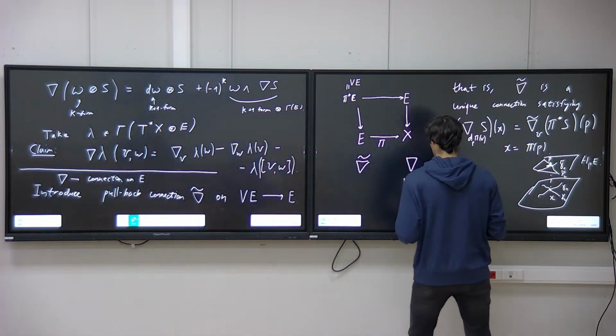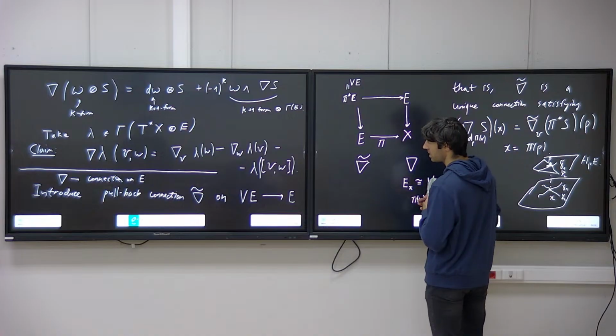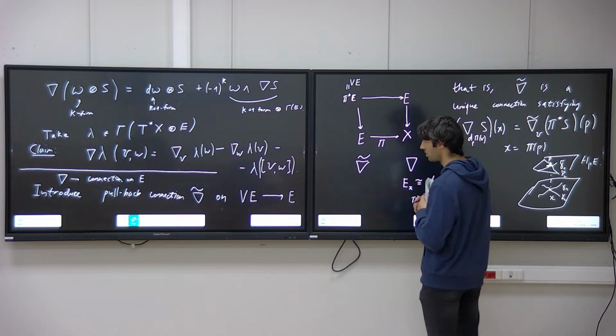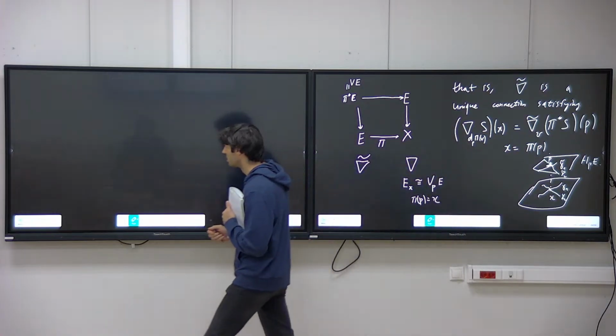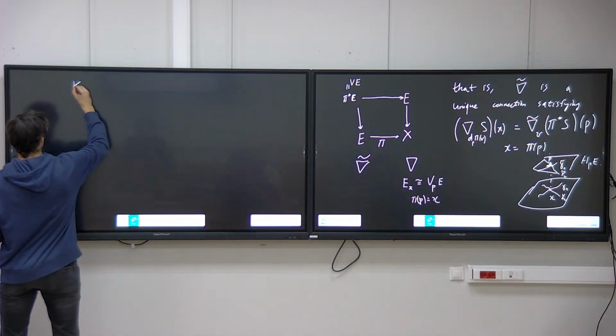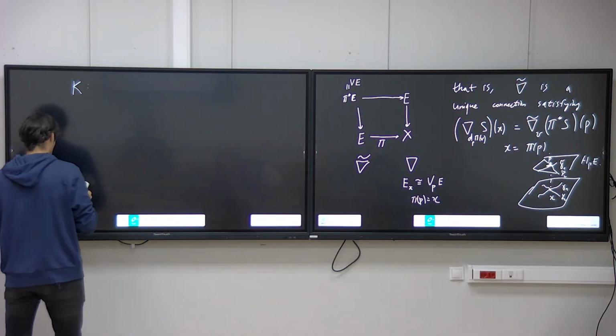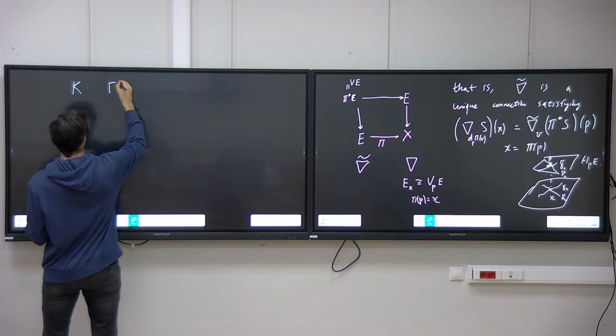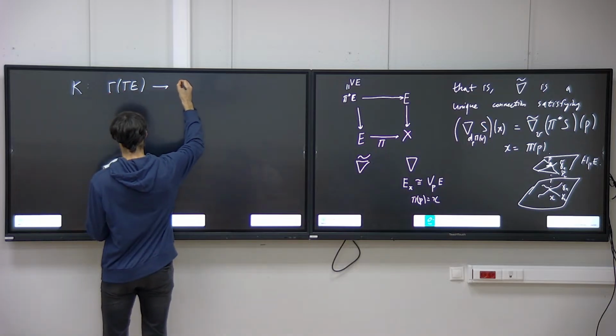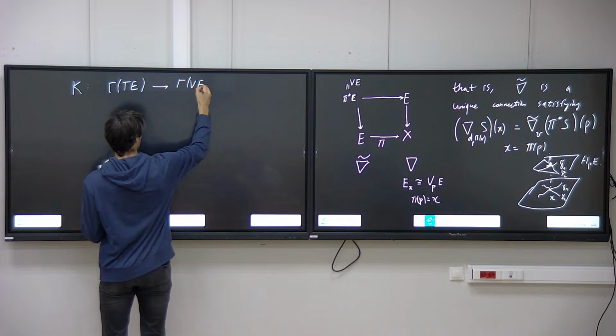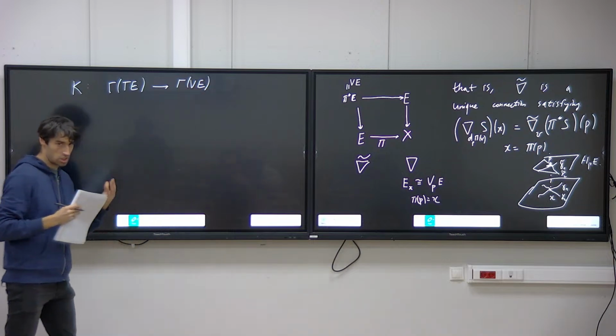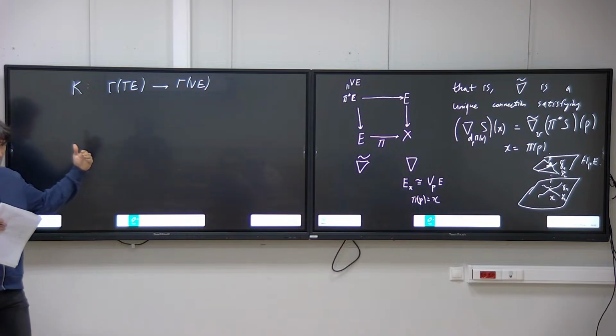I'm saying that it will be my map K. Where should I go? So K was the map from where to where? From this to this, right?